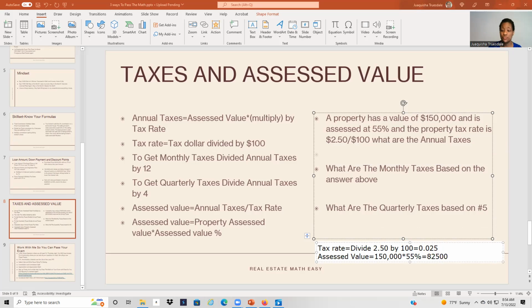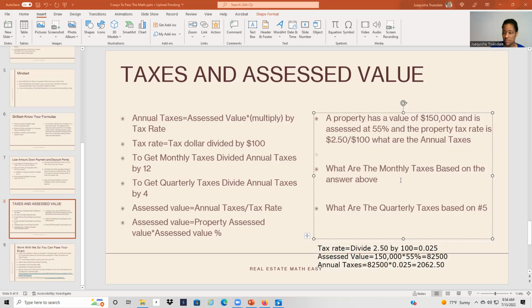That's your assessed value. Now we got to get annual taxes. That's equal to that 82,500 times 0.025. So 82,500 times 0.025 is $2,062.50. That is your annual taxes. And that's how you do that one.